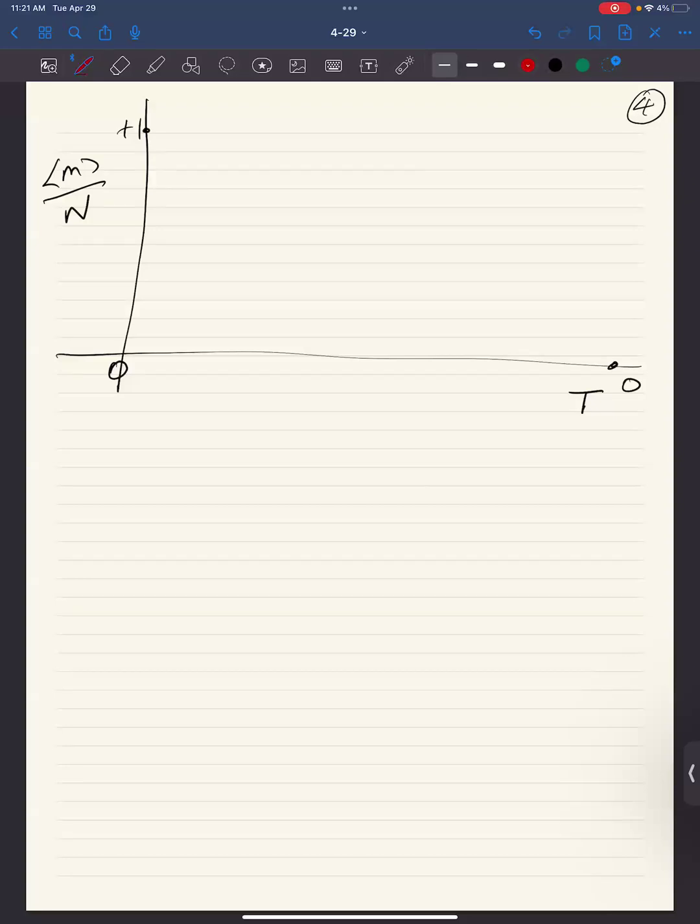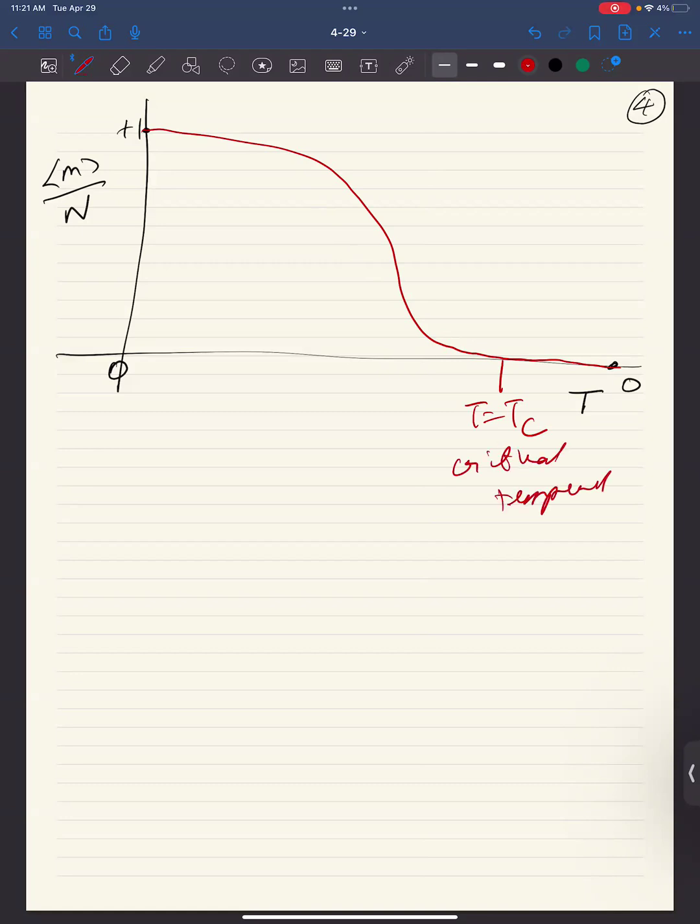In the middle, it looks something like this. There is a temperature at which the average magnetization becomes 0. This temperature is known as the critical temperature. So at T less than Tc, you have a ferromagnet.